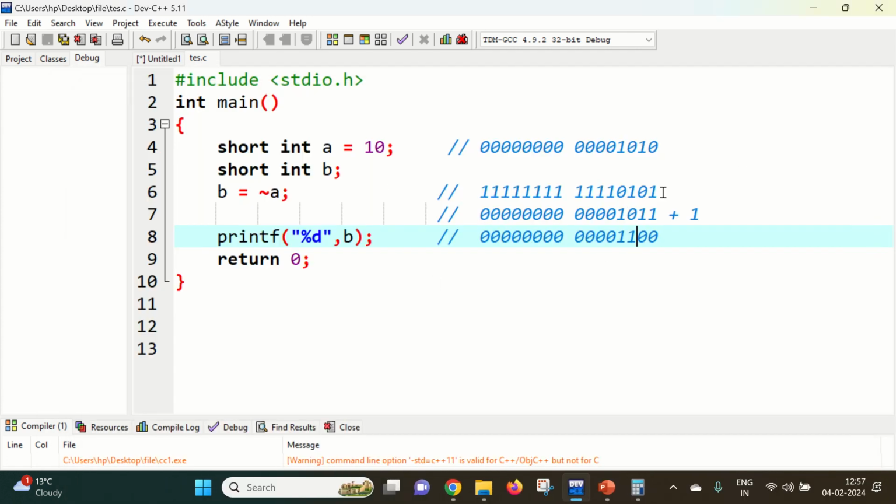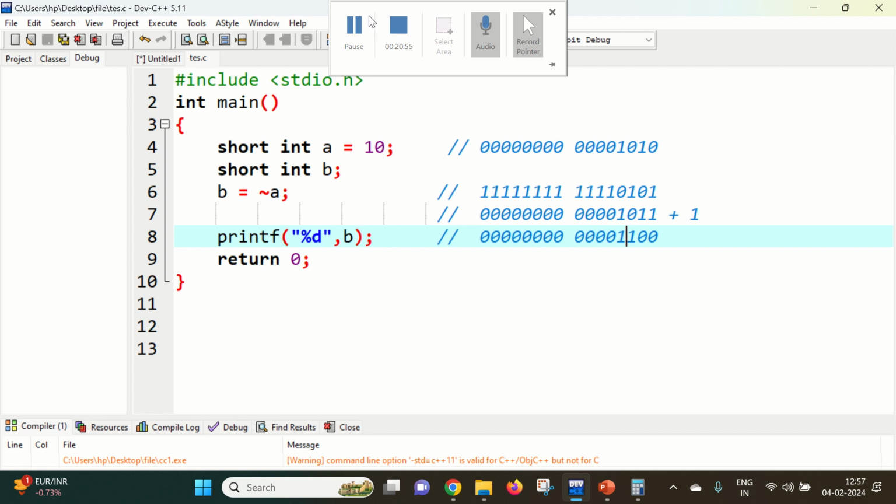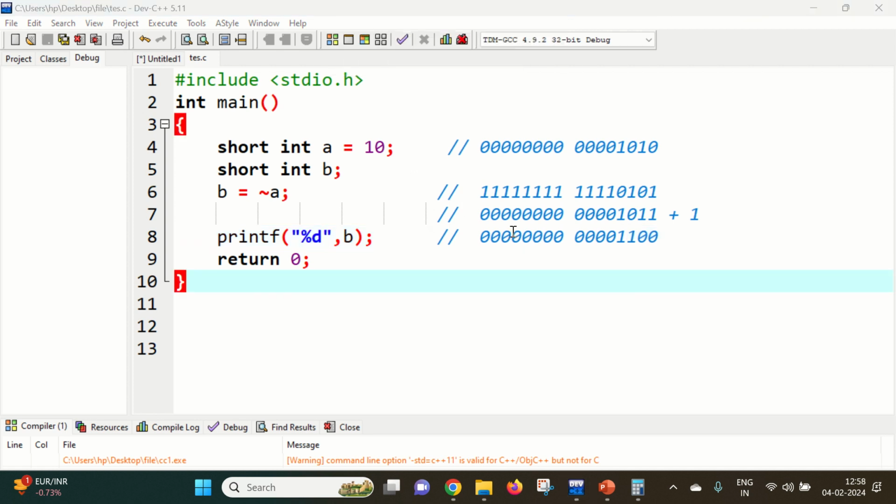Actually, when you are taking the 2's complement of this number, it is 110, 110, and 1 comes here. This one remains same. Okay, sorry.